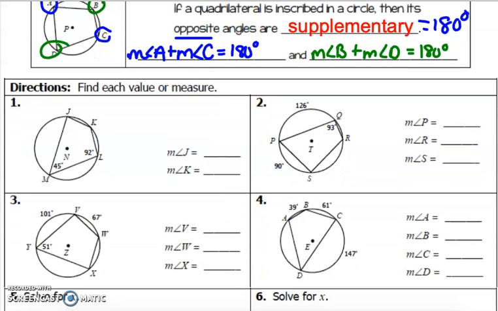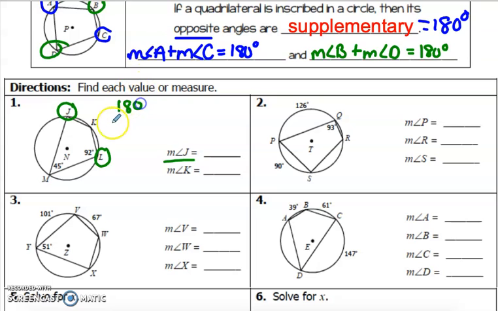All right, in number one, it gives me the measure of M, and it gives me the measure of L. It wants me to find the measure of J. So here is J. The angle opposite would be L. It's the one that is not closest to it. And so I know that L and J have to equal 180.